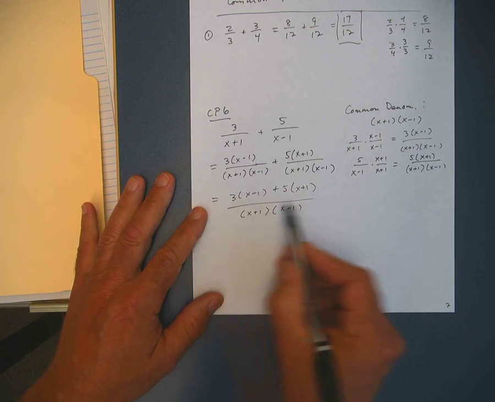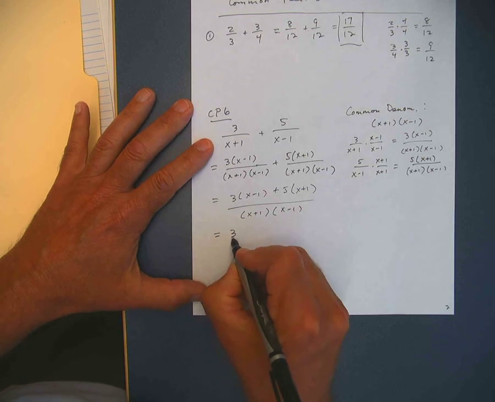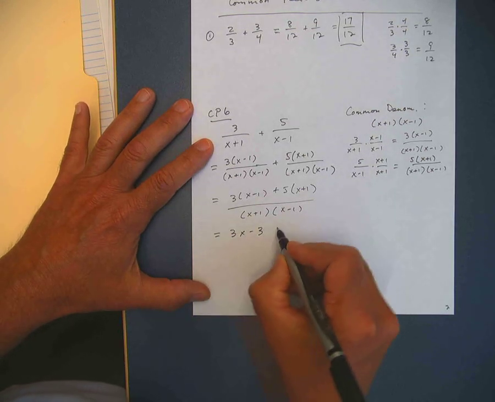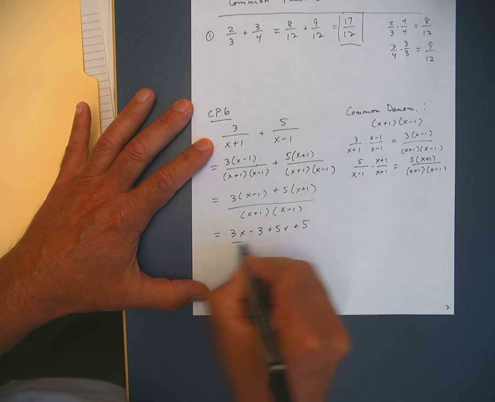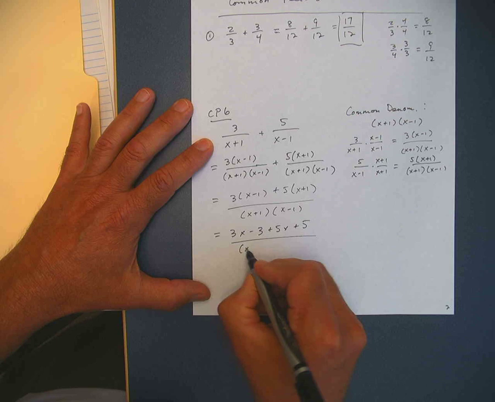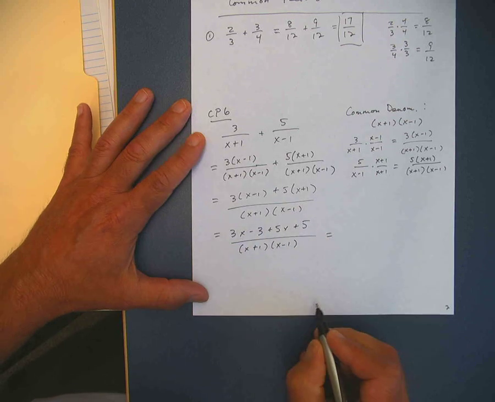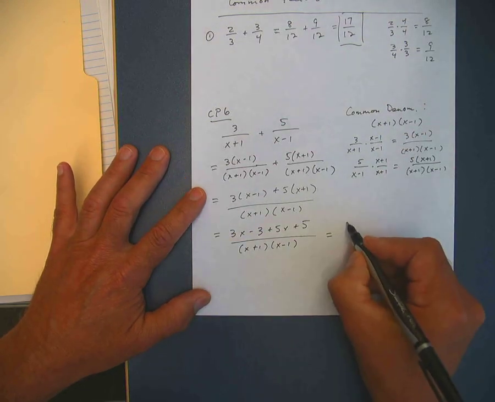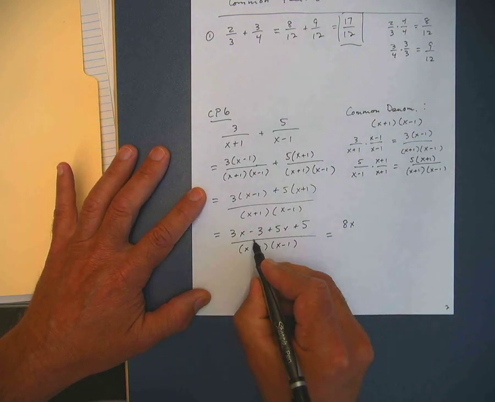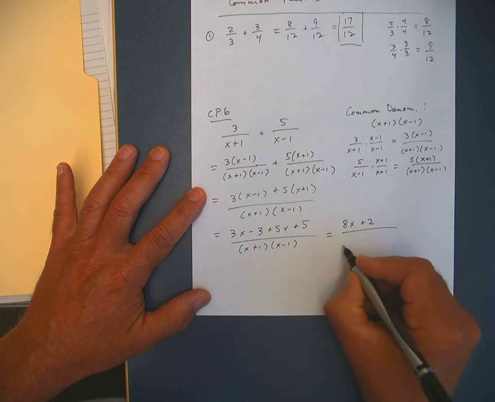Of course, you want to simplify the numerator, so let's multiply that out, and we'll have 3x minus 3 plus 5x plus 5, and we still have the same denominator. Let's simplify this. I'm going to get, it looks like 8x plus 2, again over the same denominator.